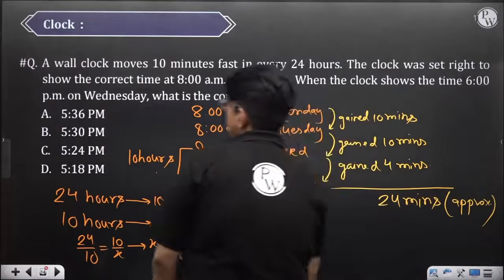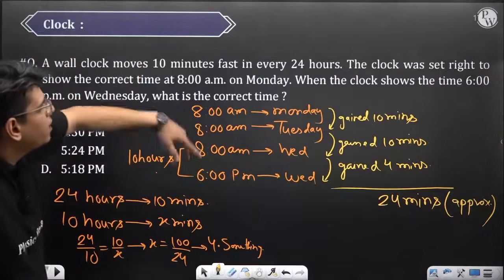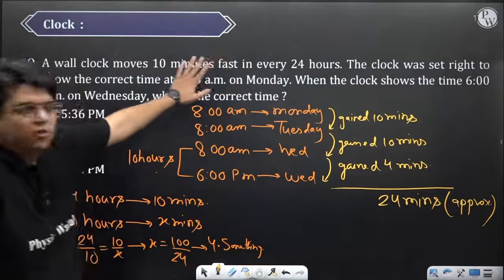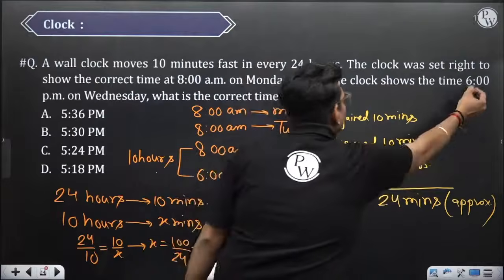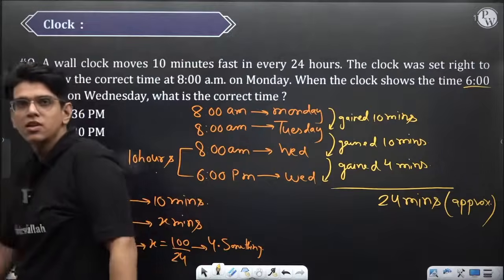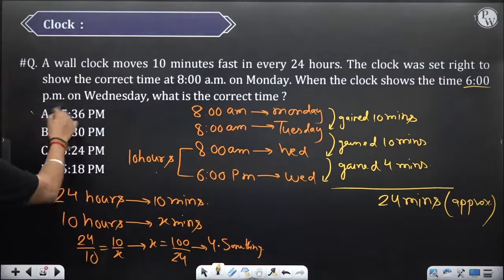Right? Now look at the options. The clock has moved ahead by 24 minutes because it was a faulty clock and the time shown is 6 p.m. So the correct time is, we have to move back by 24 minutes and we'll get the answer 5:36.